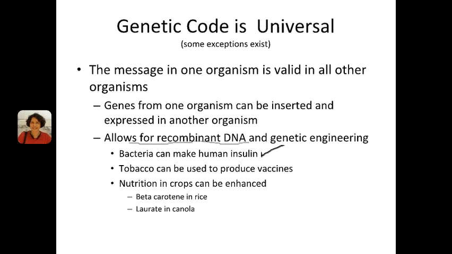E. coli bacteria produce human insulin, and you can use a tobacco plant to produce vaccines for humans or antibodies also for humans.